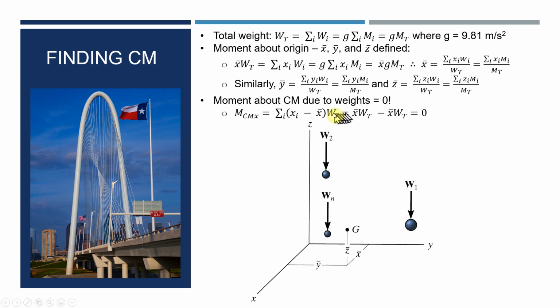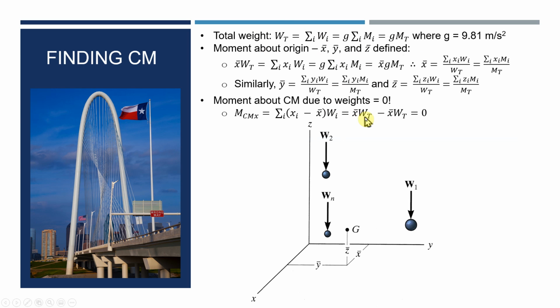And we can distribute w sub i, the individual weights. So the summation over i of x sub i w sub i equals x bar w sub t, right there. But we distribute it here, we get x bar times the summation over i of all the individual w sub i's, and that's equal to w t, the summation of all the weights.